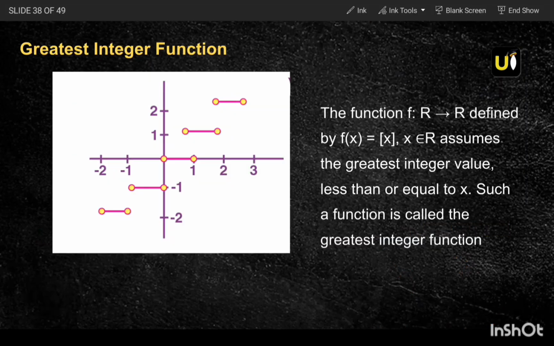Next, greatest integer function. Greatest integer function is defined as f of x is equal to [x], x belongs to R. This assumes the greatest integer value that is less than or equal to x. So such a function is known as greatest integer function. That means if x is equal to 2.3, the greatest integer function of x is 2.